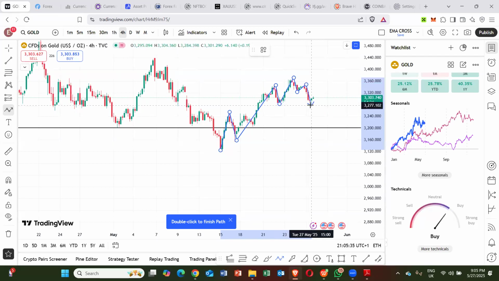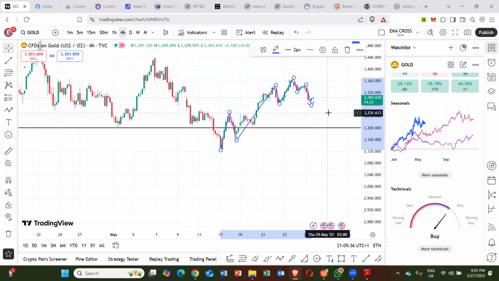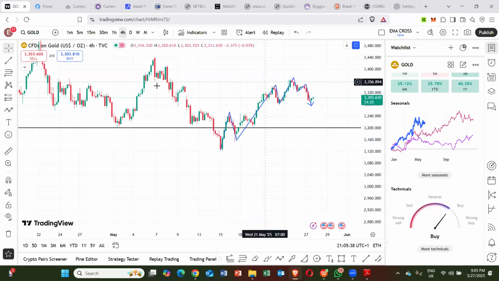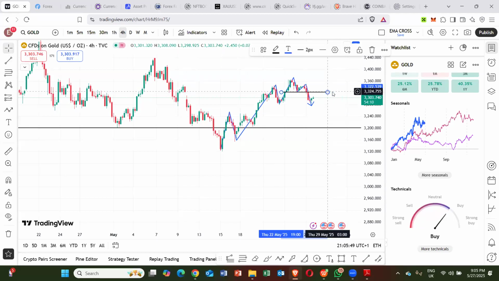So this is where the market is right now. Now, but before this happened, this was a change of character. This was a change of character. So what this means is a change of trend, okay? So this was where that thing happened. Now, that's number one. You've seen this as change of character.